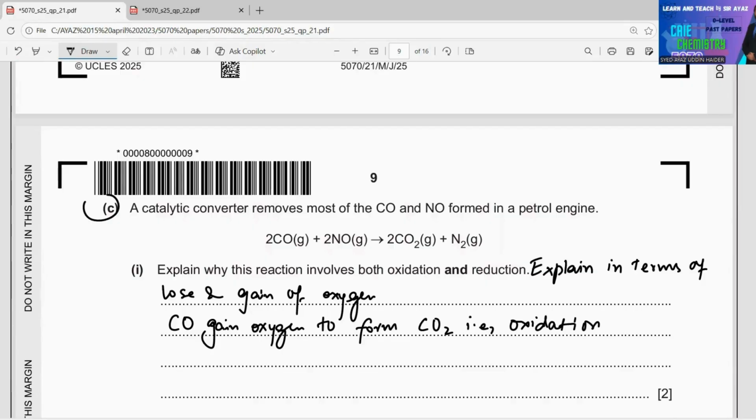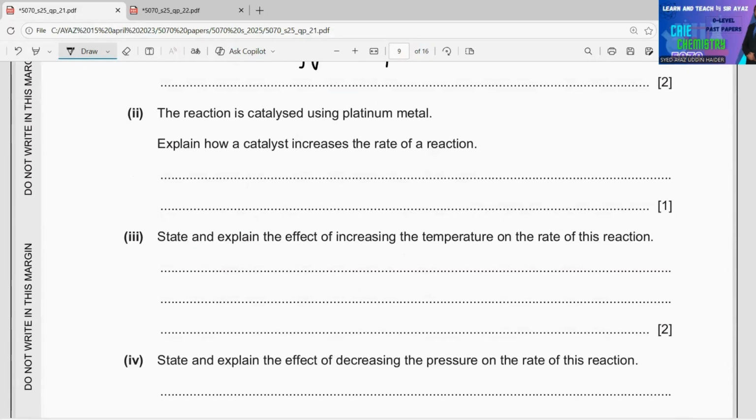On the other hand, NO loses oxygen to form N2. That is reduction. Moving to the next part, which is part 2.